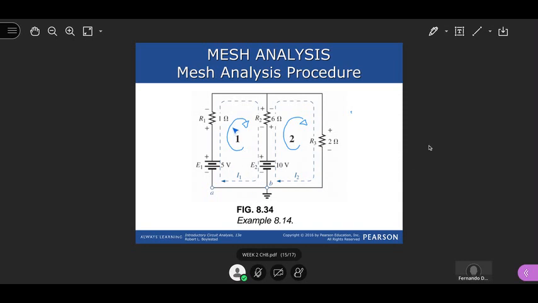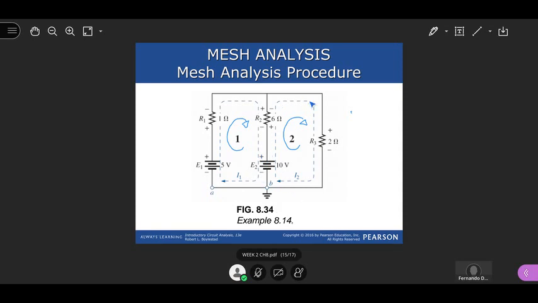Since we selected a clockwise direction, the current will go in this resistor R1 from the bottom to the top. Always when the current comes in it is positive, leaving negative. So here it is positive, leaving negative. And then this is given to you, this is given to you. Now we go to I2.